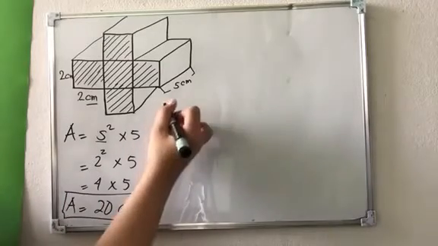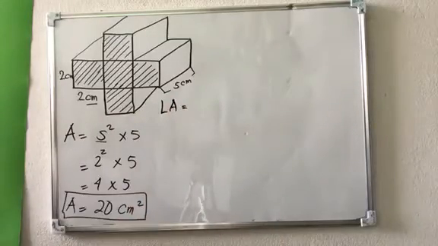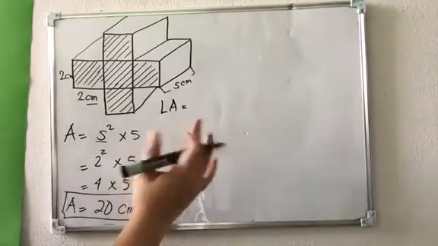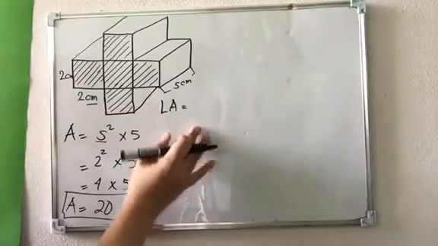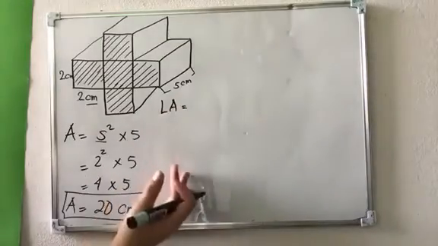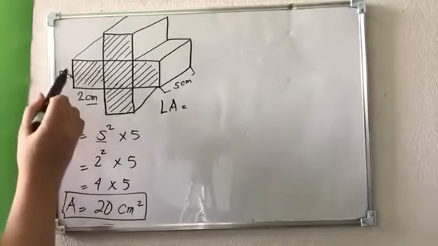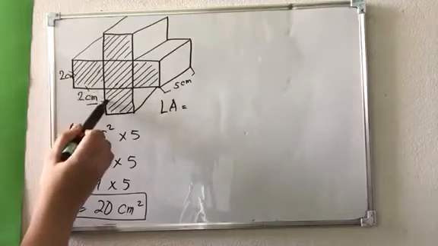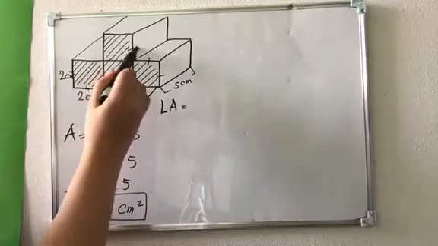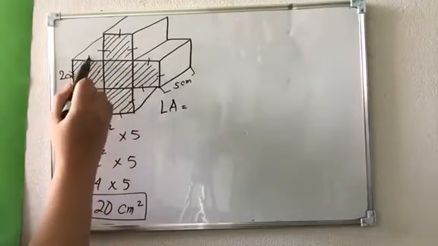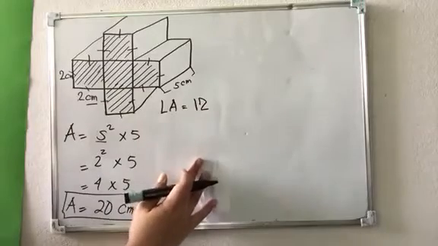Now let's look at the lateral area. For the lateral area, that is the perimeter of the base times the height. So how many sides do we have here in our base? Let's count: 1, 2, 3, 4, 5, 6, 7, 8, 9, 10, 11, 12. So we have 12 sides.